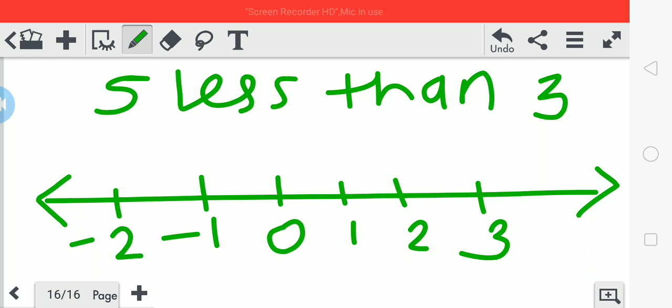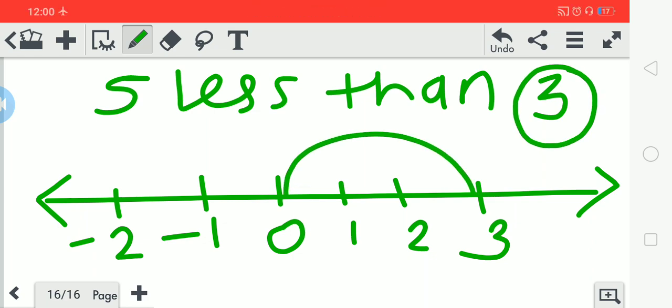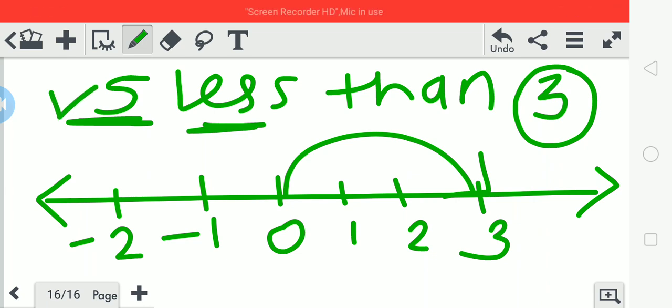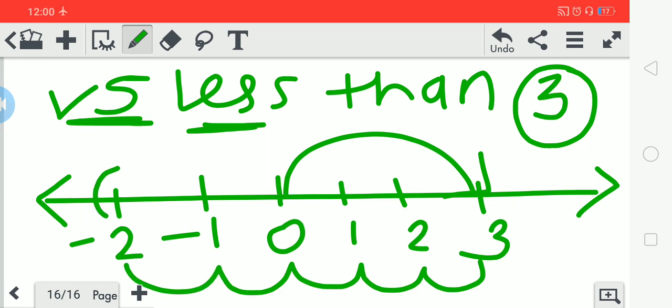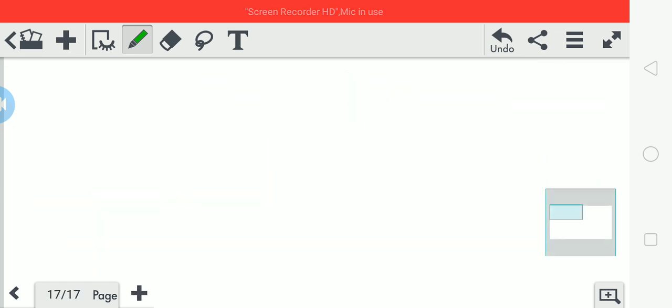Here see, we choose the second number first, so I will take a jump from 0 to 3 directly, and the first number is 5 here. Less means left side, I have to take 5 moves. So 1, 2, 3, 4, 5. I reach at the minus 2 position. So the answer of this question is minus 2.